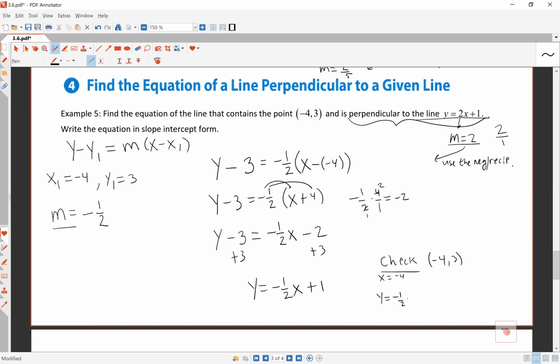Y equals -1/2 times -4 over 1 plus 1. 2 goes into 2 once, into 4 twice. -1 times -2 is 2 plus 1, which is 3. So it in fact works. So we get y equal -1/2 x plus 1.